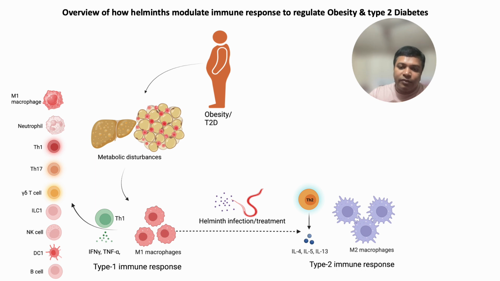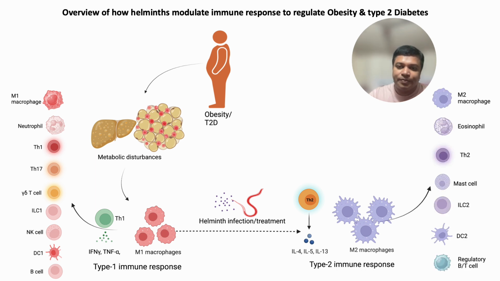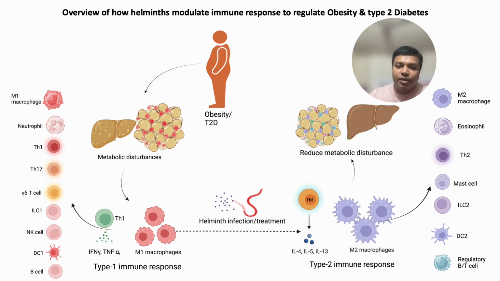These anti-inflammatory cells are associated with other cells you can see here: type 2 macrophages, eosinophils, type 2 helper T cells, mast cells, type 2 innate lymphoid cells, type 2 dendritic cells, and regulatory B cells or T cells. All these immune cells counteract inflammation to create an anti-inflammatory condition, or type 2 immune response, that is associated with resolving the metabolic disturbances.